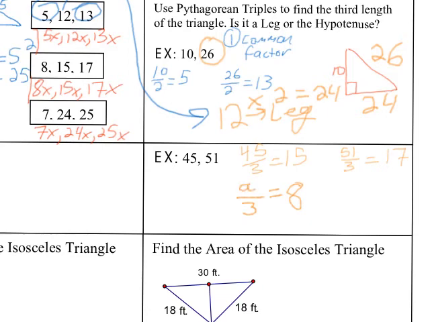To find that number, I'm going to multiply both sides by 3, okay, and that's going to give me A equals 24. Okay, so the 3 sides to my triangle then are going to be, here's my right triangle, one of them is going to be 24, my shortest side.